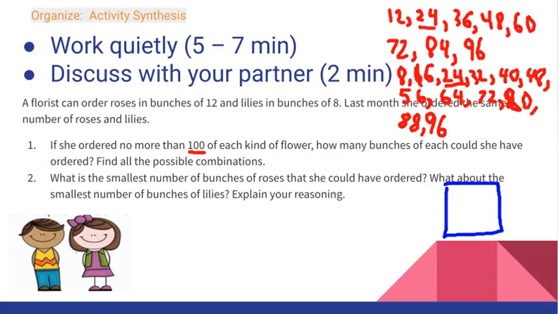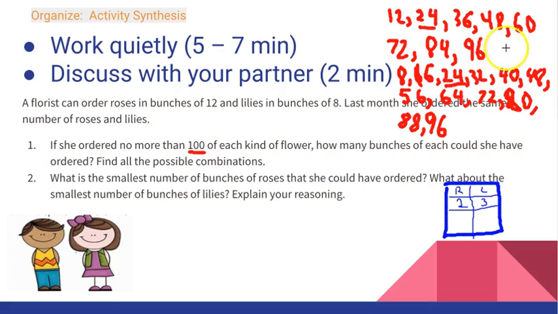I'm going to put my roses on one side and my lilies on the other. So for 24, I need 2 bunches of roses and 3 bunches of lilies.